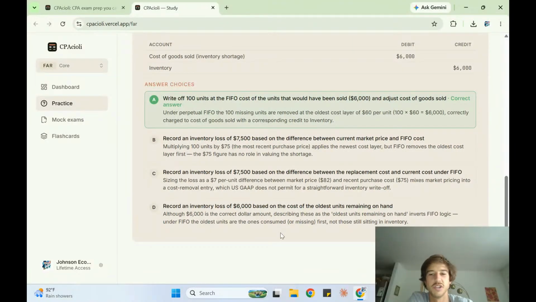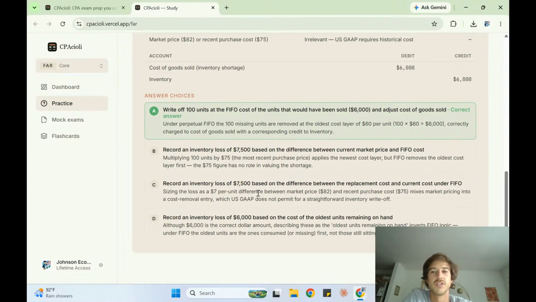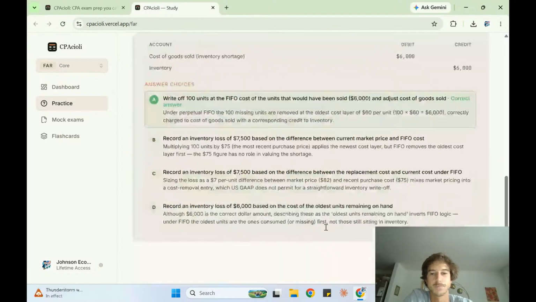They actually use them. Remaining on hand would be the later ones because the first ones were used, because we're using FIFO. So we're writing off 100 units at the FIFO costs of the units that would have been sold and adjusting cost of goods sold because the first ones are the ones that are actually being used. Cool.